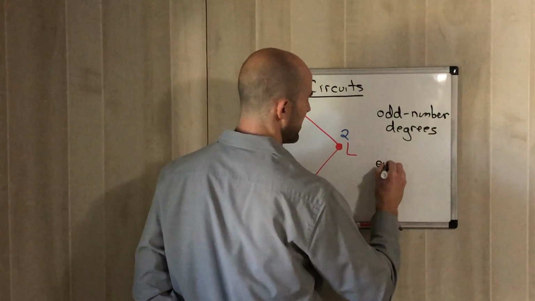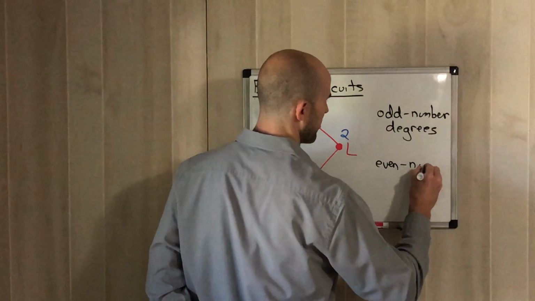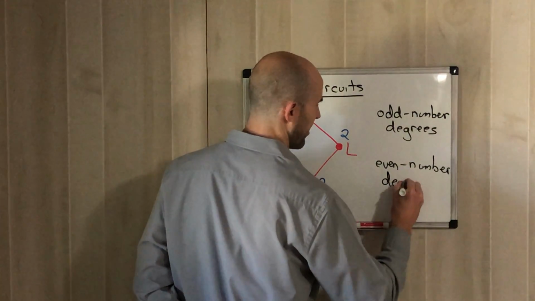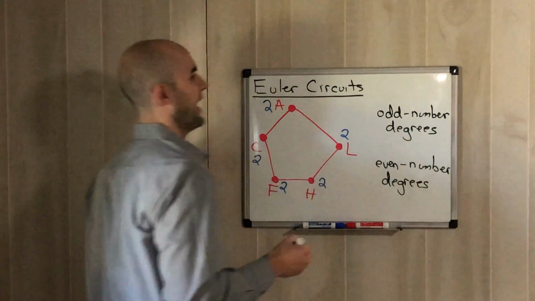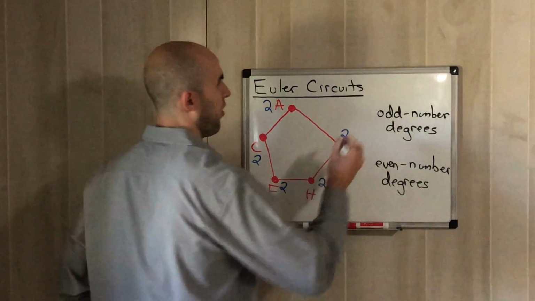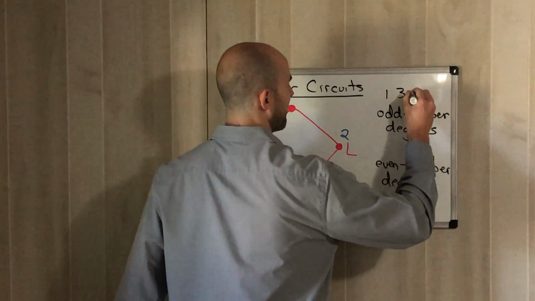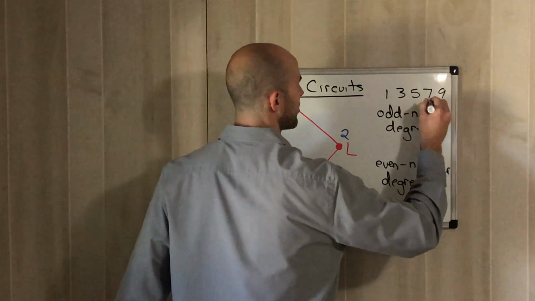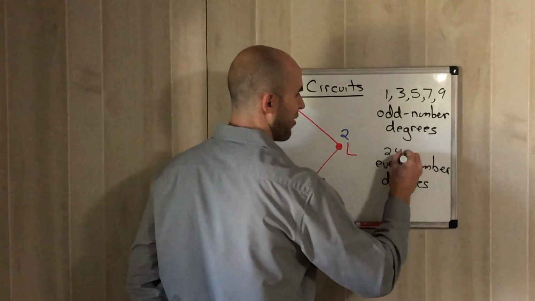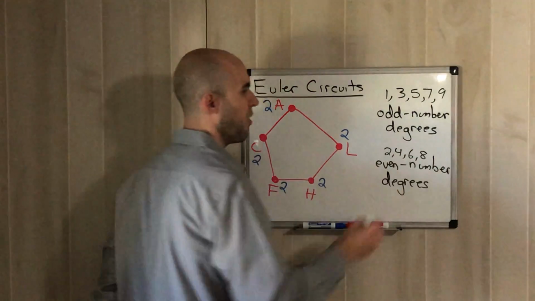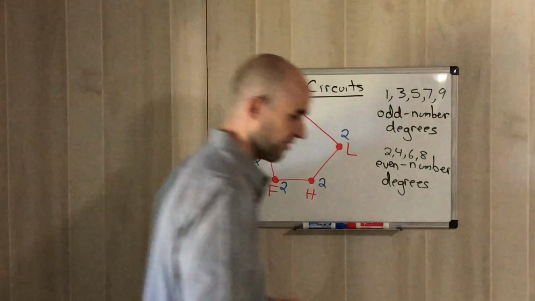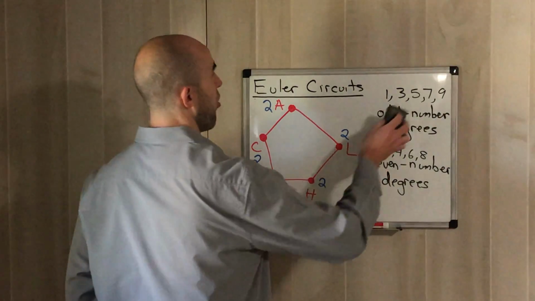Odd numbers are numbers like 1, 3, 5, 7, 9. Even numbers are 2, 4, 6, 8, and so on.